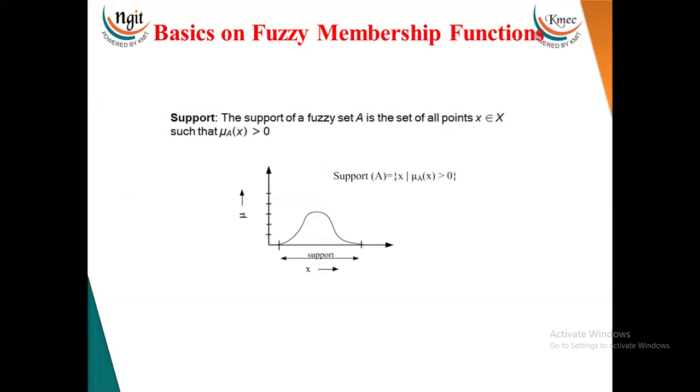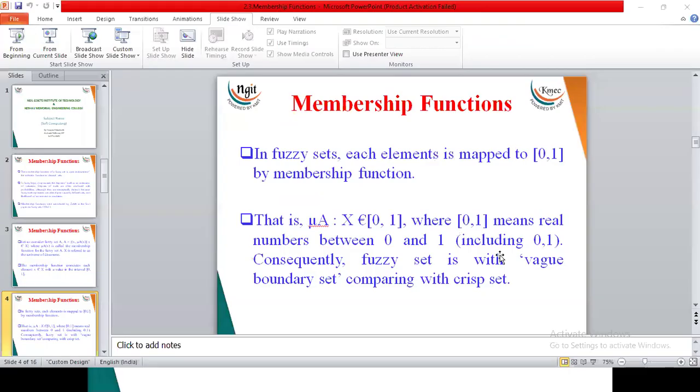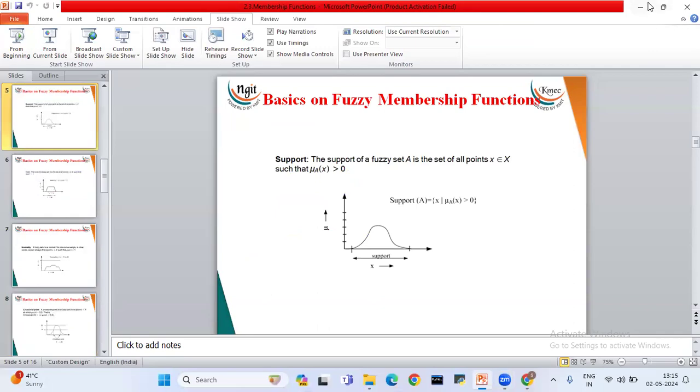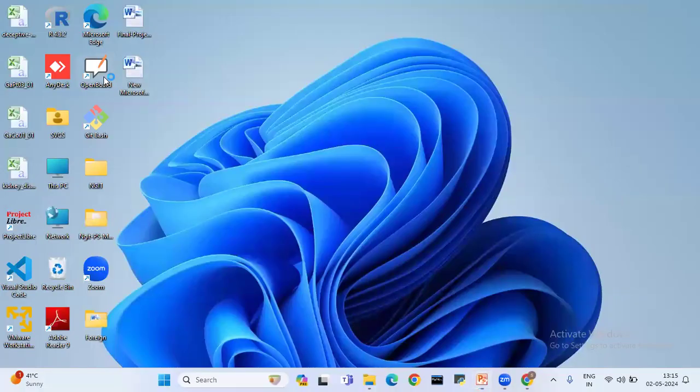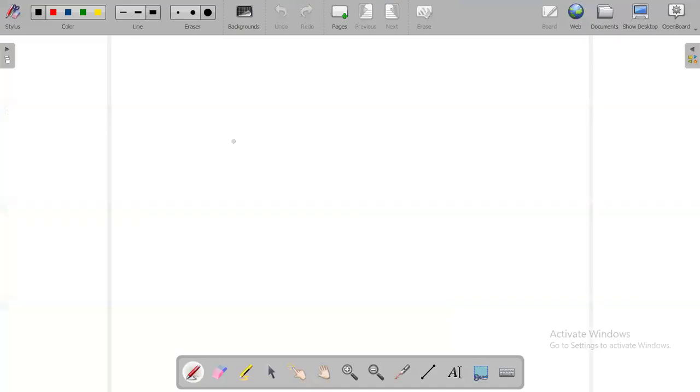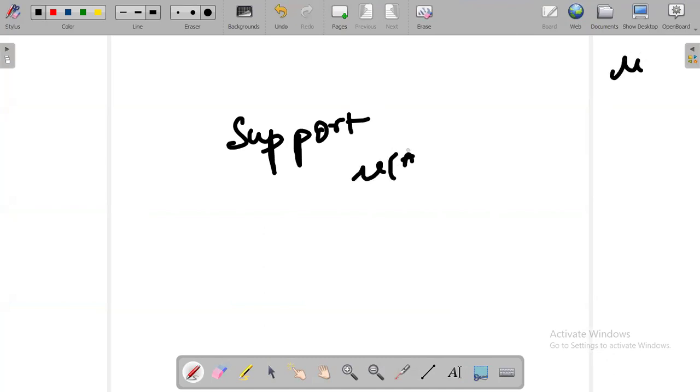So how do I calculate the support? Support will always be: mu A of x is greater than 0.